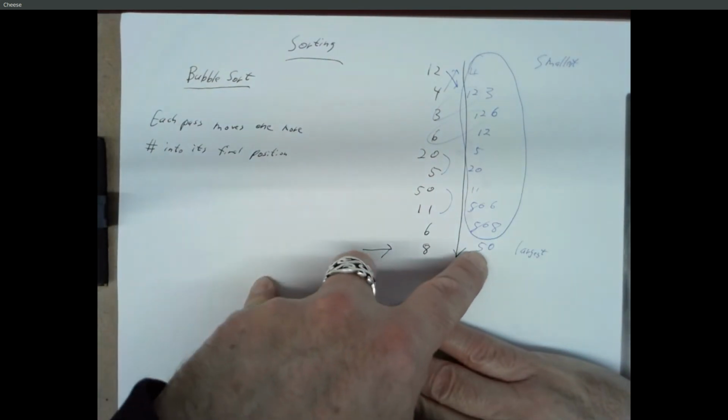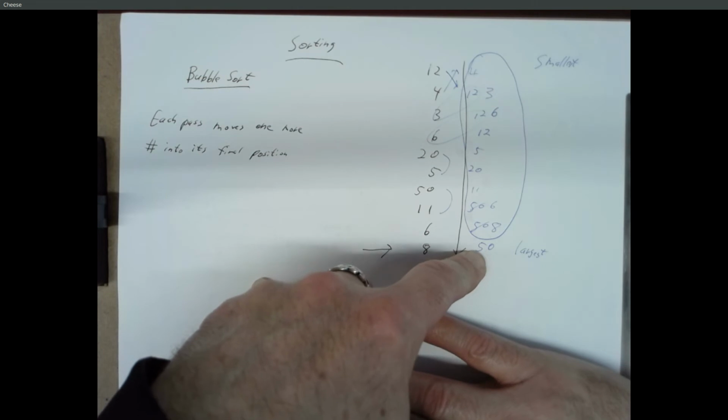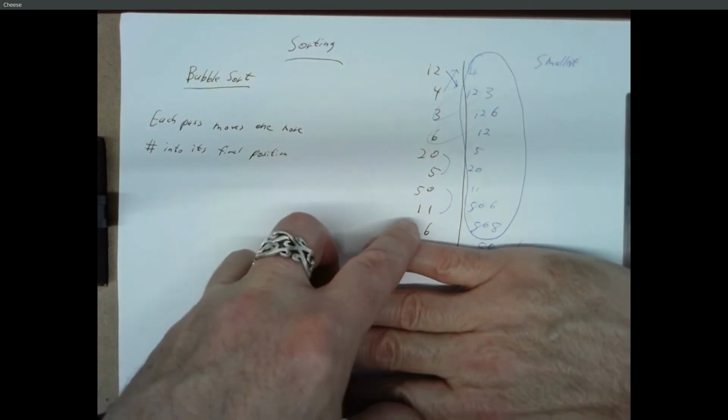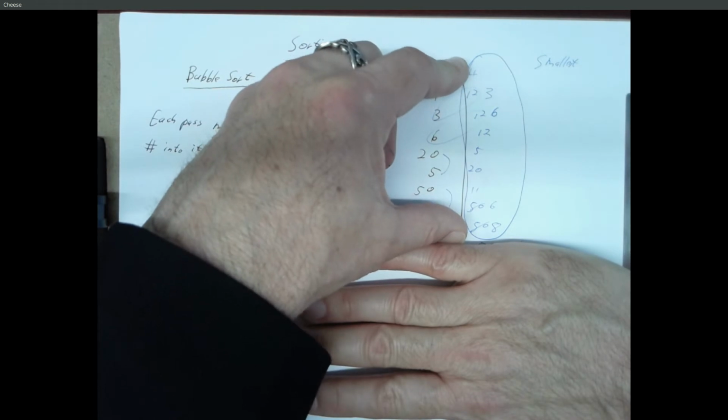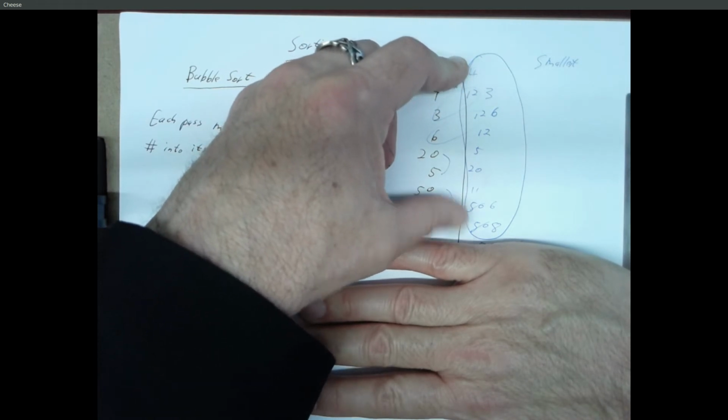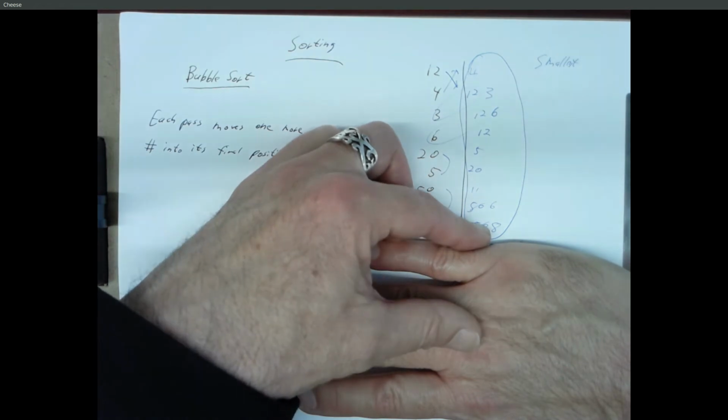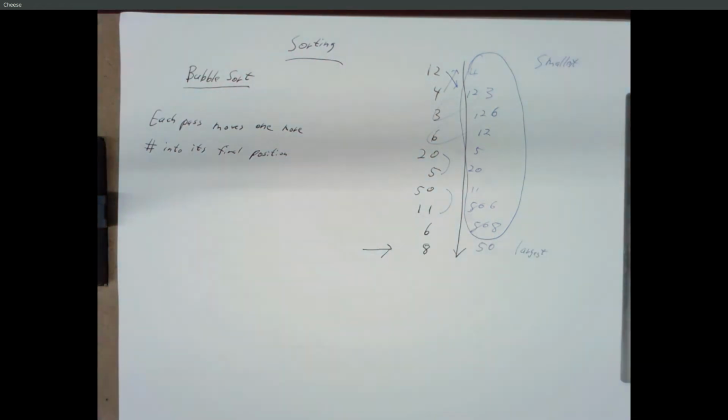We don't have to deal with this 50 because we know that's the largest element and it's already in the correct position. So now we have one fewer elements, and we make a pass through this and move the largest thing in here to the bottom, which is going to bring our 20 down to this bottom position. And if we have n elements, if we make n such passes, all n elements should end up in their correct spot.